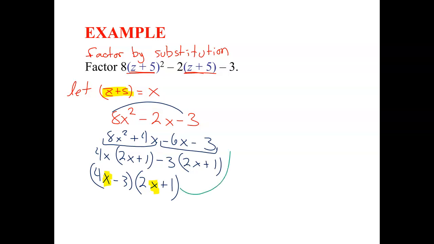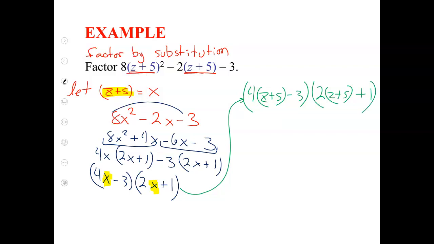So, going up here, I'm replacing x with z plus 5. So I have 4 times z plus 5 minus 3. That's one of my factors. And then 2 times z plus 5 plus 1. That's my other factor. I substituted it back in for x.